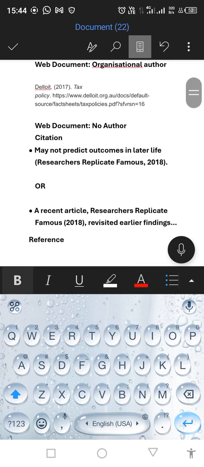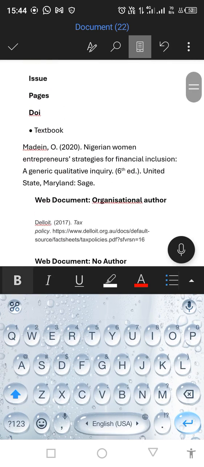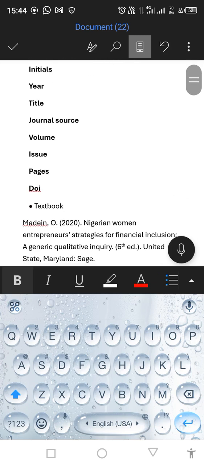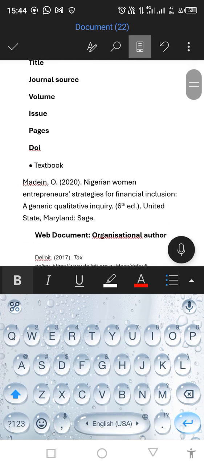Okay, there is more to referencing textbooks online, because we have a situation whereby we need to reference a particular chapter in a textbook, or a chapter that was edited by another author in a particular textbook. How do we do that?